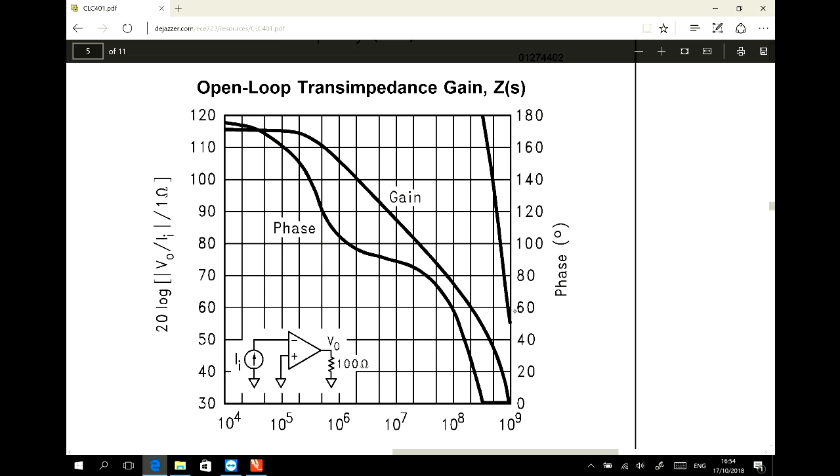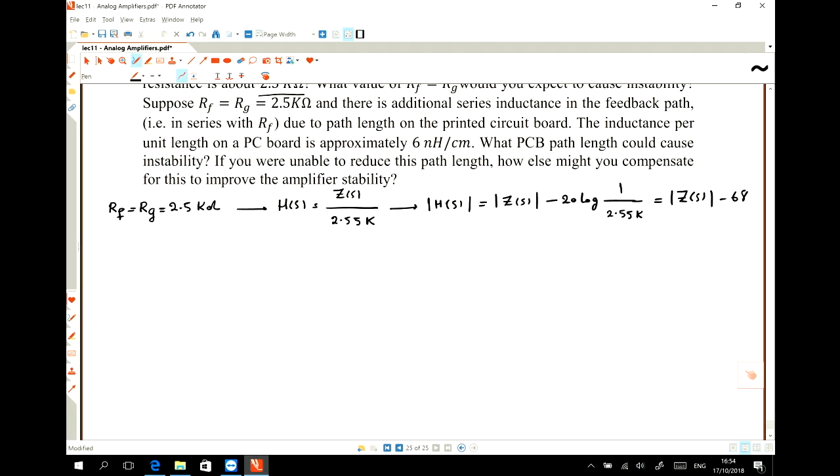The phase margin is 60 degree, and the gain is 68 only, 68 dB. So at this point, I can say that the bandwidth is around 100 megahertz, but the phase margin is almost 60 degree.